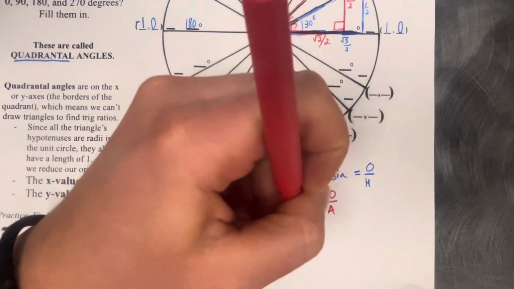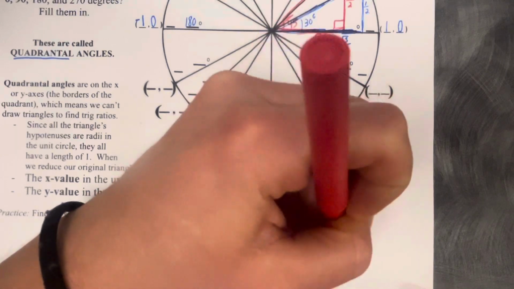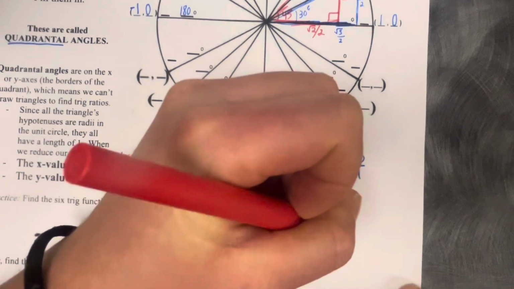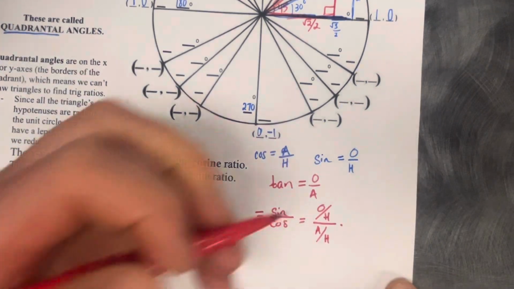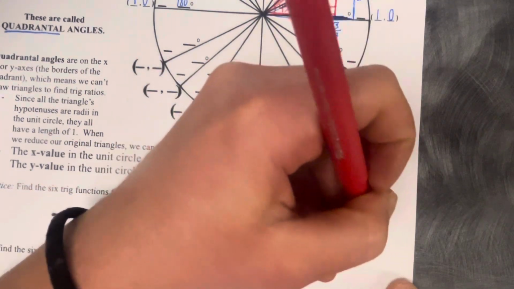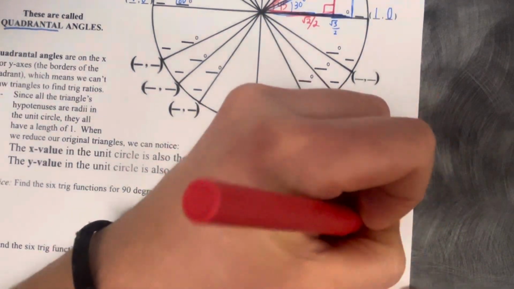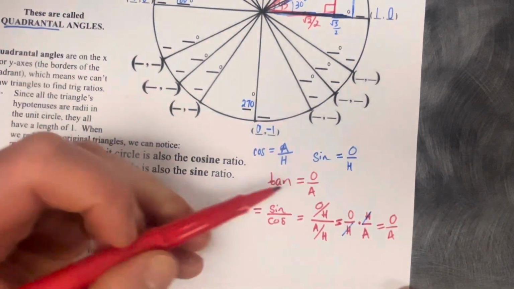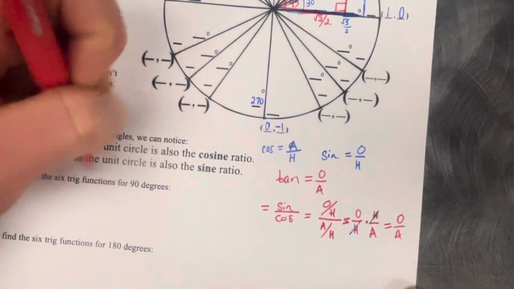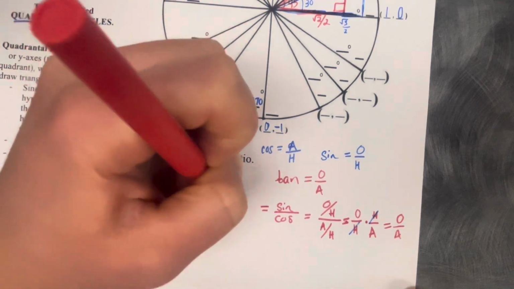So if we do sine over cosine, we get opposite over hypotenuse divided by adjacent over hypotenuse. You can flip these fractions: opposite over hypotenuse times hypotenuse over adjacent. Our hypotenuses cancel, and we get opposite over adjacent. So something you can memorize is that cosine is the x value, sine is the y value, and tangent is sine over cosine, or y over x.